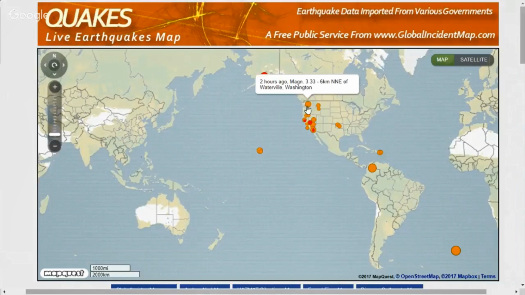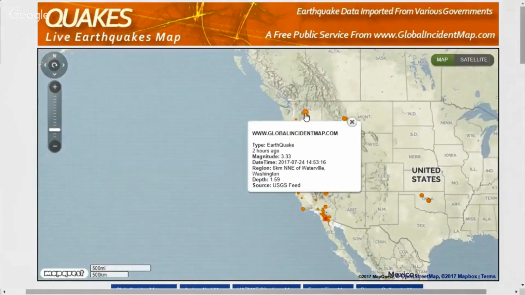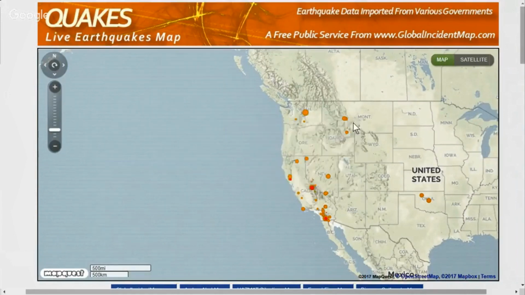And what's happening up here in Waterville, Washington, a magnitude 0.33. That was right on the surface. How could that even be possible, unless that was some kind of a blast? Well, we sometimes get surface currents that can lead to a bit of shaking on the surface.